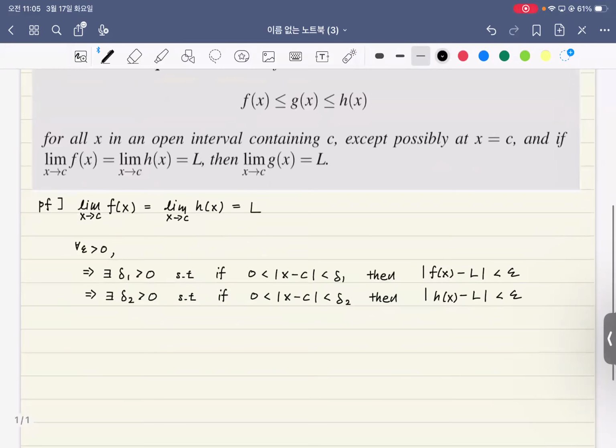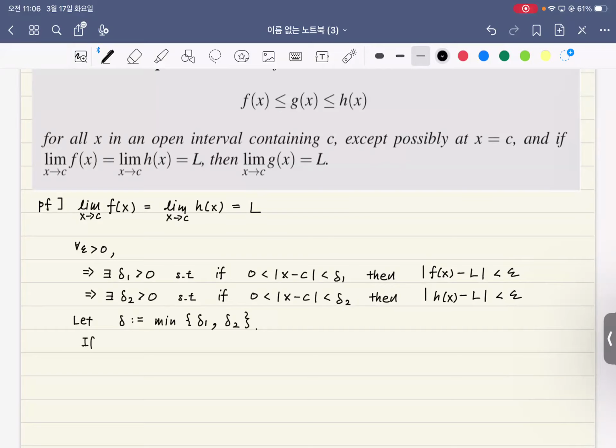Then what would my delta be? I want to choose my delta to be the minimum of delta 1 and delta 2.